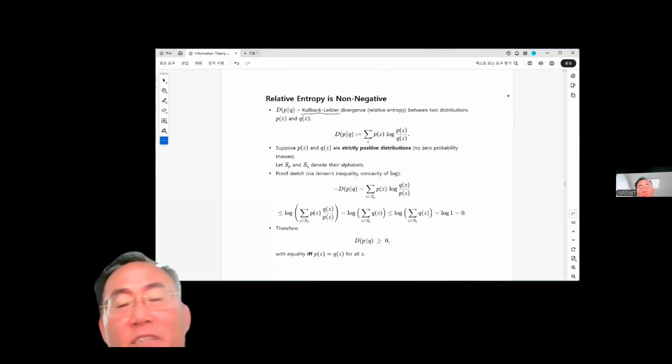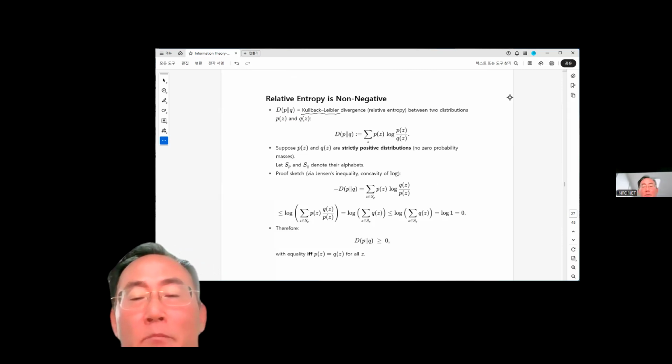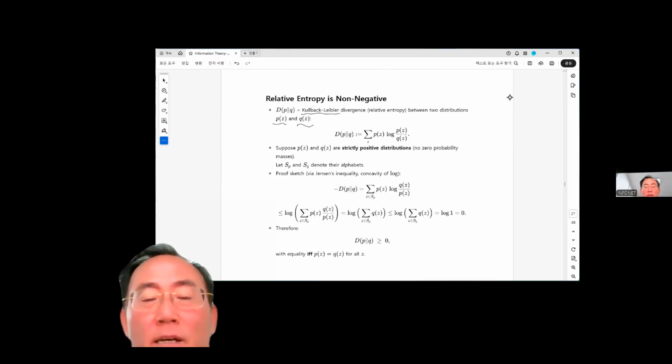So KL divergence, relative entropy, they're the same language in this class. That is nothing but a measure between two distributions, P(z), Q(z). By definition, that is D(P||Q), and that is defined to be the sum of P(z) log P(z) over Q(z).